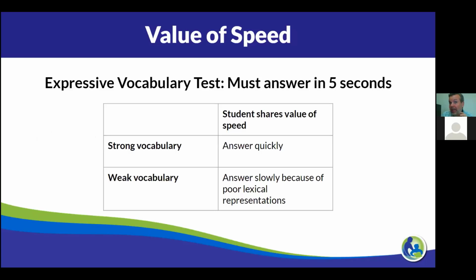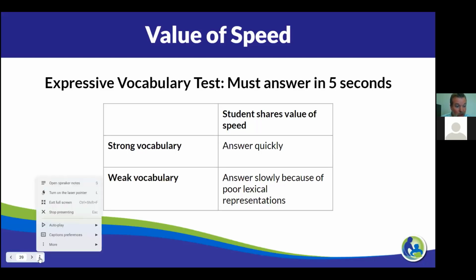And I would say that this is pretty consistent with expectations of kids in a mainstream American preschool. You're asked a question, you're expected to answer quickly. You're participating in story time and the teacher asks you a question or you comment on it, you're expected to do it quickly.